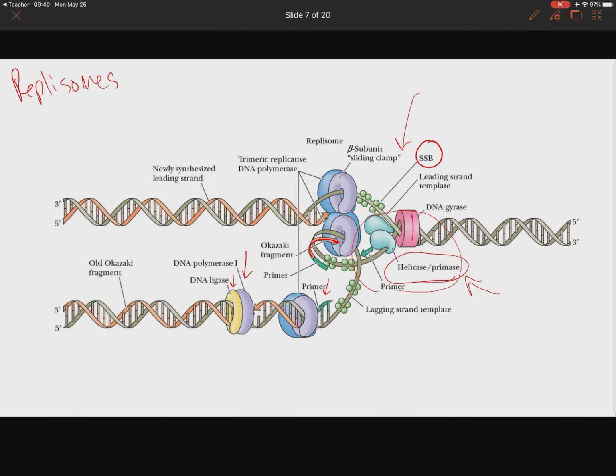This orange strand here growing off the primer, it'll get added all the way up until this green bit right here, but these two can't be joined together by DNA polymerase 1. DNA ligase has to go and, well, first DNA polymerase 1 will remove the green primer, but there will still be a gap right here, a gap, and ligase seals that.